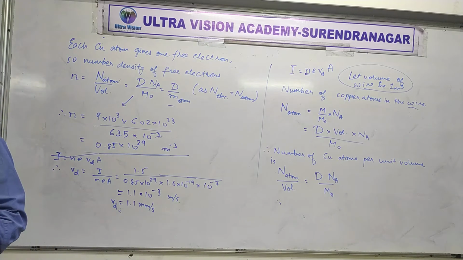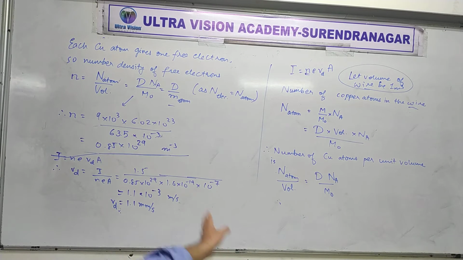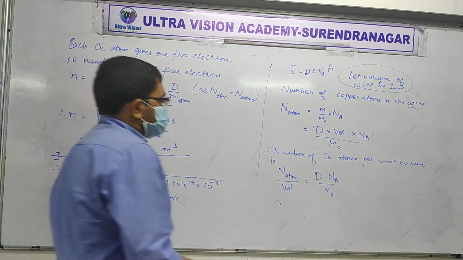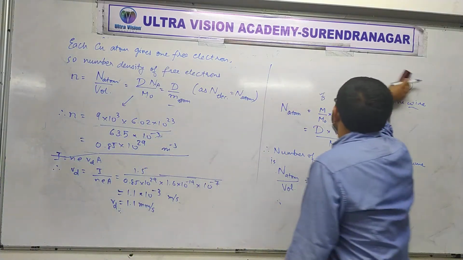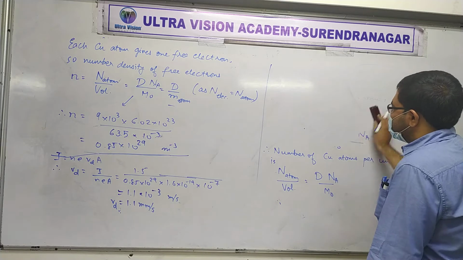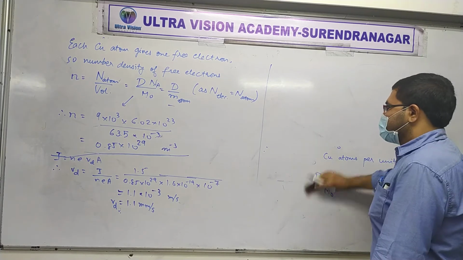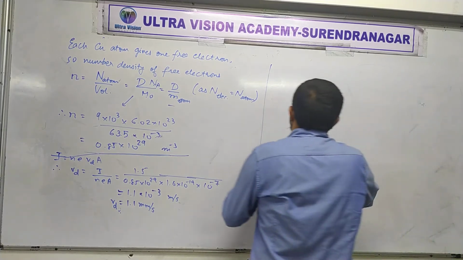Never mind, let's go to part B. Compare the drift speed obtained with the thermal speed of copper atoms at ordinary temperature. So compare this speed with what? With thermal speed, meaning random motion speed, that is vrms. Clear or not?